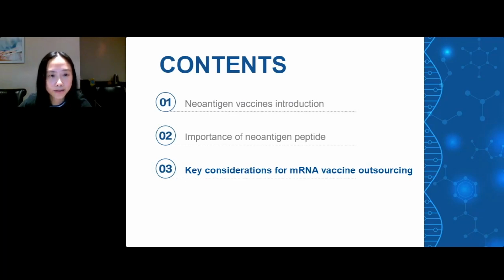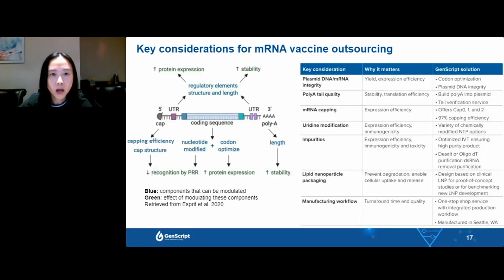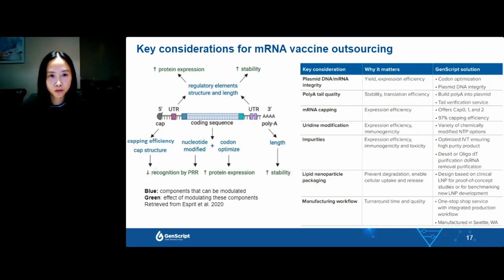Okay, I have explained the importance of neoantigen peptides. Next part, let's talk about the key considerations for mRNA vaccine outsourcing. When we talk about mRNA, before mRNA vaccines became very famous, researchers had been developing it for many years for cancer treatment.